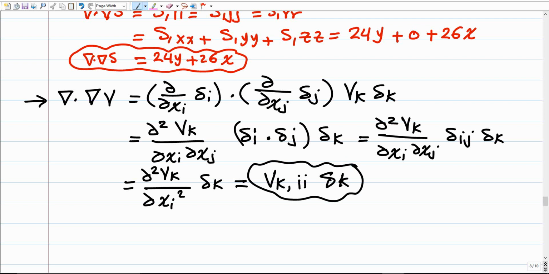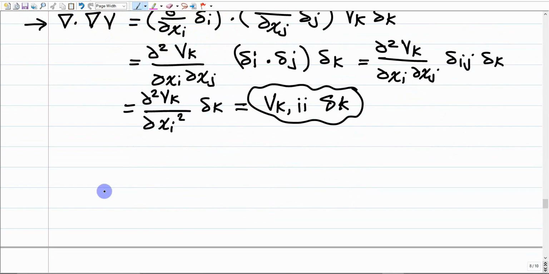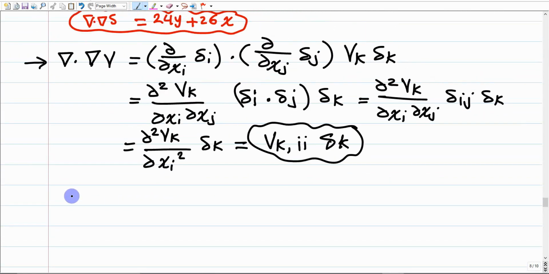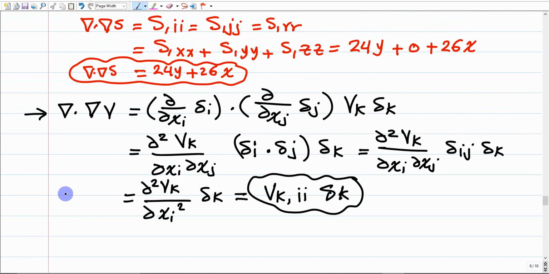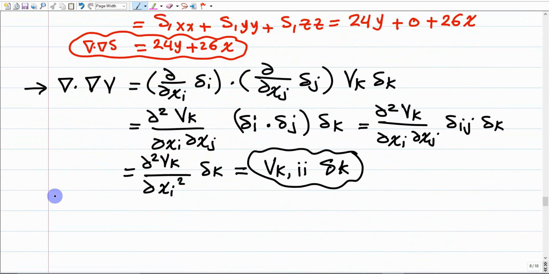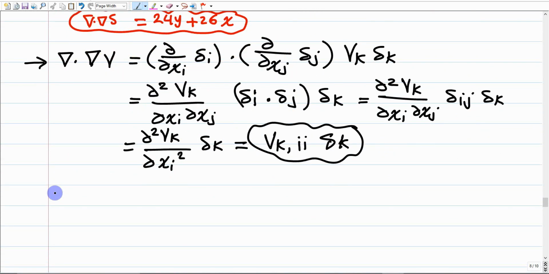Make sense? So this is the Laplacian of a vector, and we can have an example typically the same as we did before, the only difference being that we consider a second derivative instead of a single derivative of the vector, or the components of the vector itself.